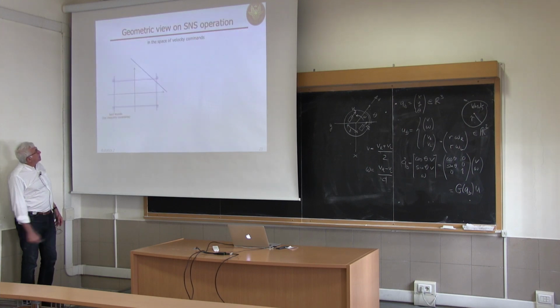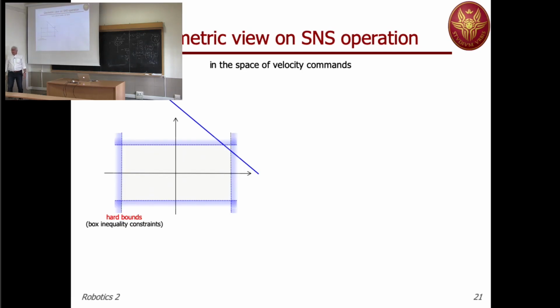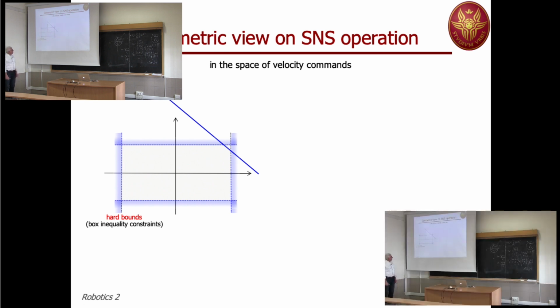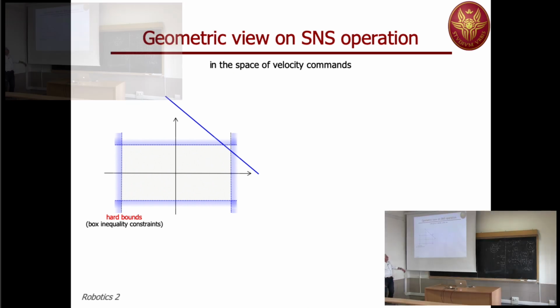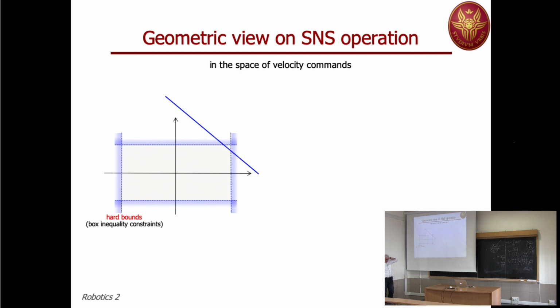But before doing that, let's see geometrically again what happens with this algorithm. It's quite simple. Here we're considering a two-dimensional space just for a matter of representation. So Q1 dot and Q2 dot. We have one linear constraint, so we have redundancy because we have two joint velocities and one equality constraint.